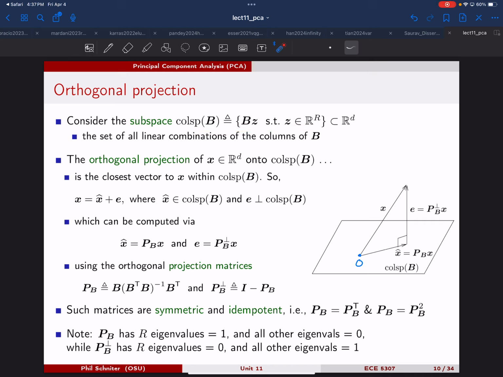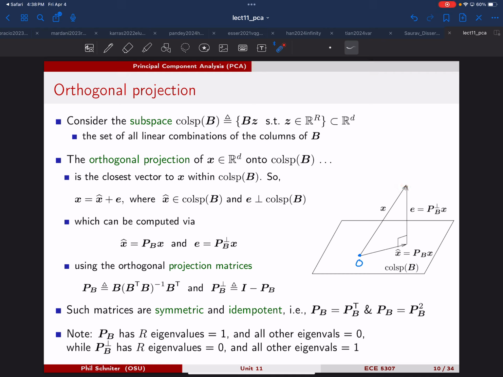Now, in terms of projection, the orthogonal projection of a vector x that lives somewhere in the original space onto this column space is basically just the closest vector to x within the column space. So here is x, a vector with its root at the origin ending here. Now if you ask, what's the closest vector to x in the plane?